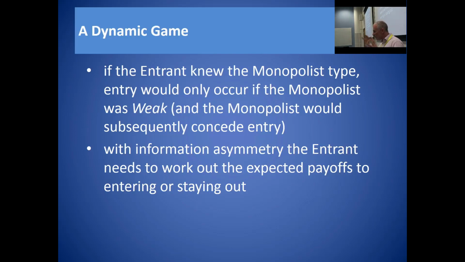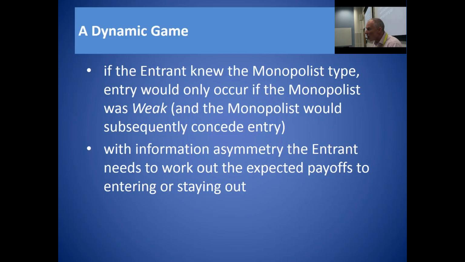That's what the entrant needs to choose. If it enters and the monopolist is weak, market entry will be conceded. If it enters and the monopolist is strong, it will fight. So we'd only want to enter if it's not going to be met by an aggressive response. That's the crucial decision that this potential entrant needs to take.